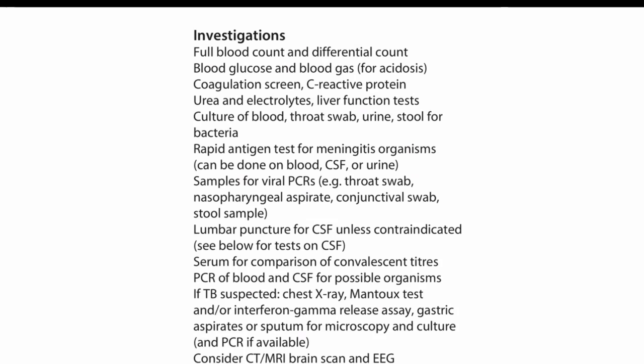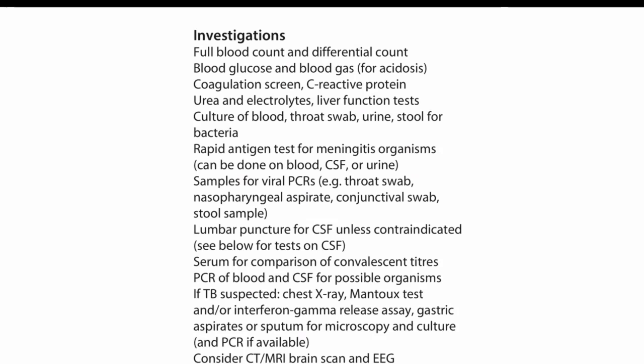Urea and electrolytes, sometimes you need them to assess for electrolyte imbalance. You need to take blood culture, since sometimes the meningitis is secondary to bacteremia, and urine and stool depending on the focus of infection. Rapid antigen test, as I told you, is not requested anymore, but the most important is PCR.